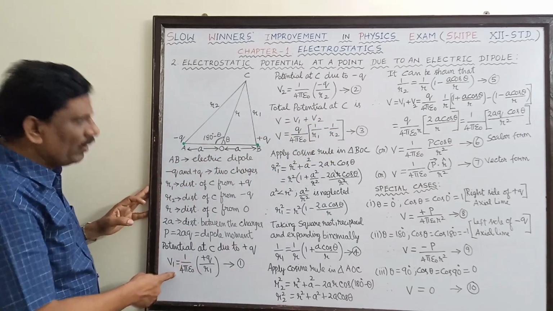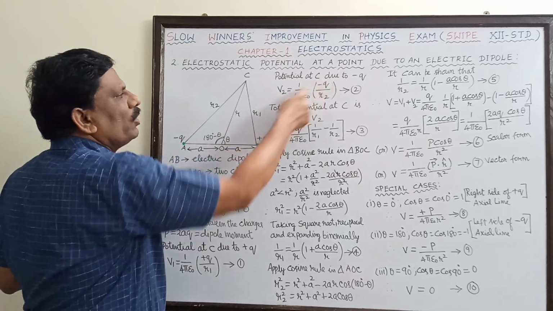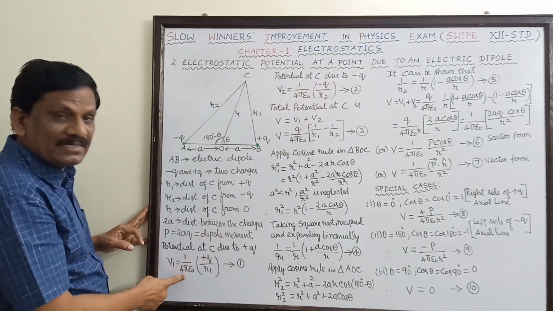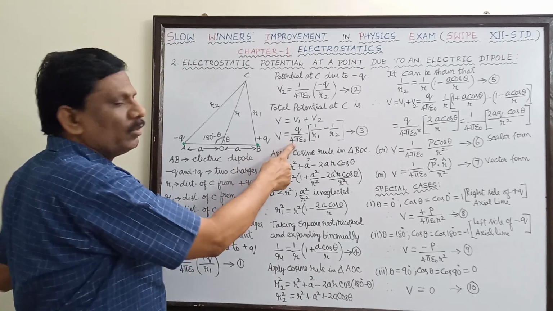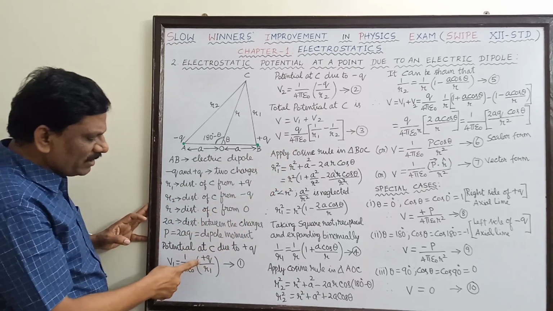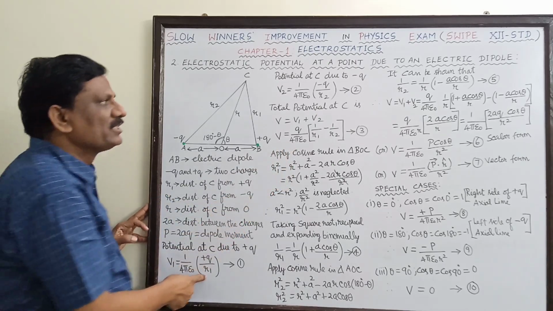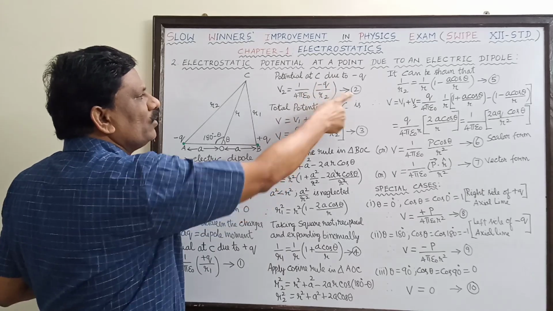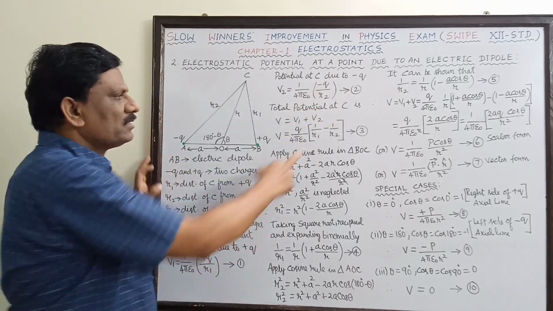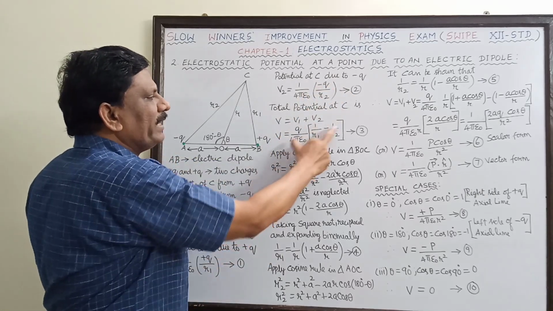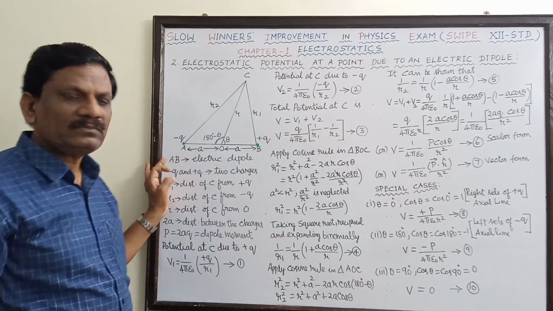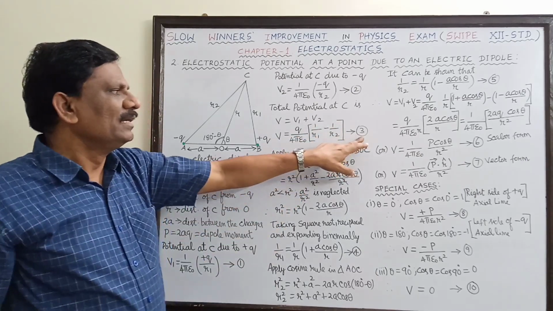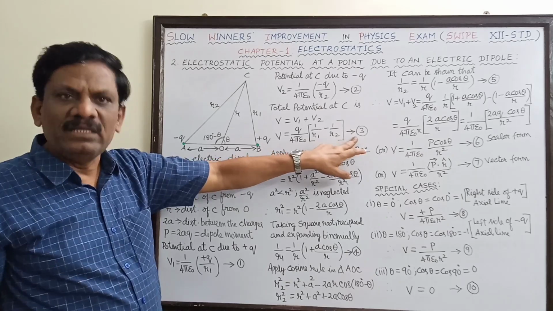Now in V1 as well as V2, Q by 4 pi epsilon naught is the common factor I have taken out. So the remaining terms are 1 by R1 in equation 1 and minus 1 by R2 in equation 2. So I have written 1 by R1 minus 1 by R2. You call it equation 3.